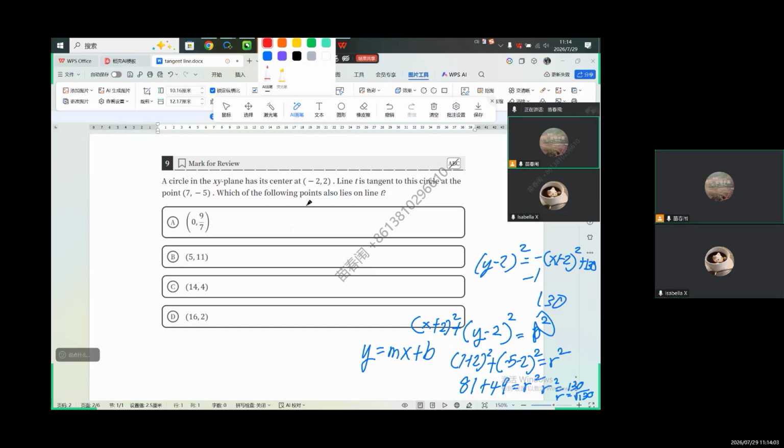Let me find it. I must have a center and that one. Saying this m1, m1 equals 2 minus -5 over -2 minus 7, right?